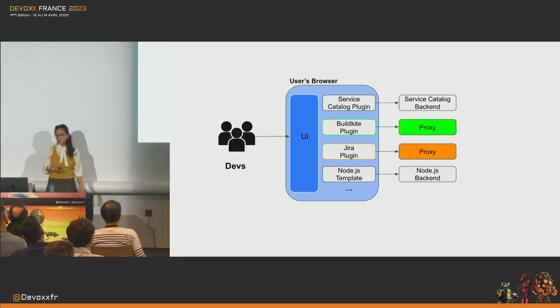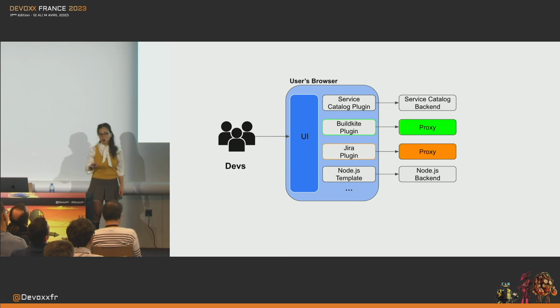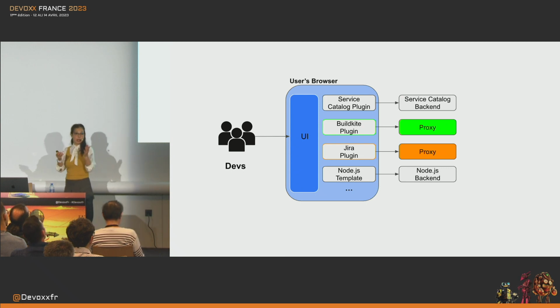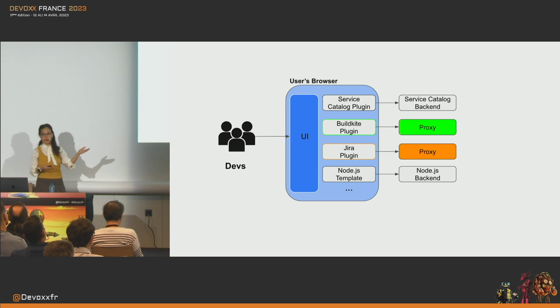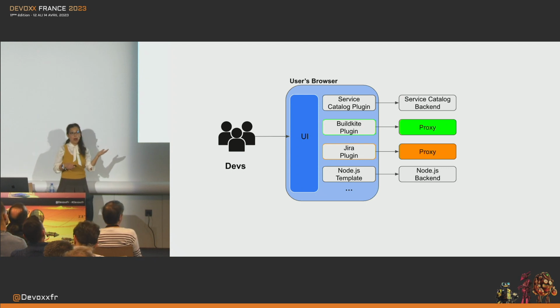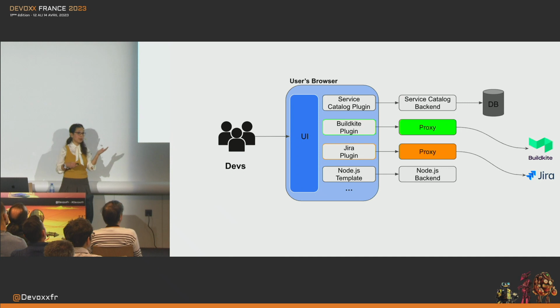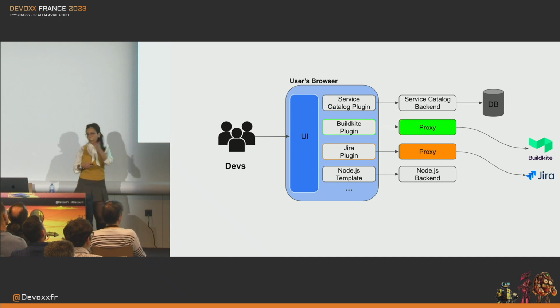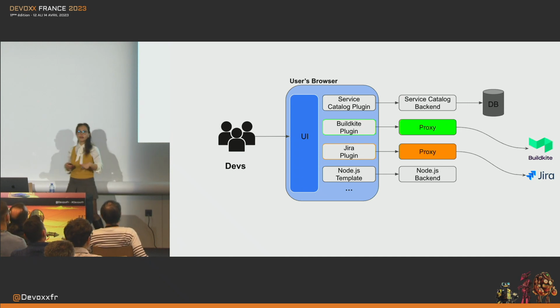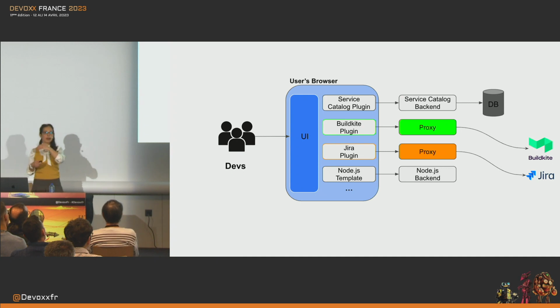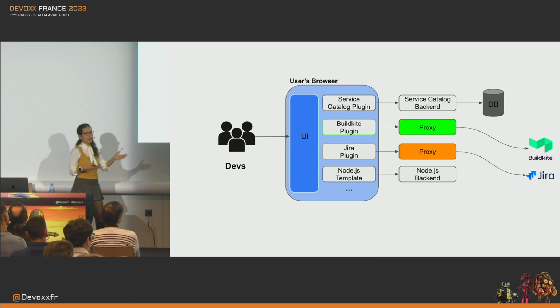Of course, behind the scenes, there is the backend development for each of these plugins or templates. Those can be developed internally, like the Node.js or the service catalog plugin, or they can be developed by third-party entities. For example, here I'm showing Buildkite or Jira or ArgoCD or other third-party components. There are plenty of plugins today that you can add to the IDP.